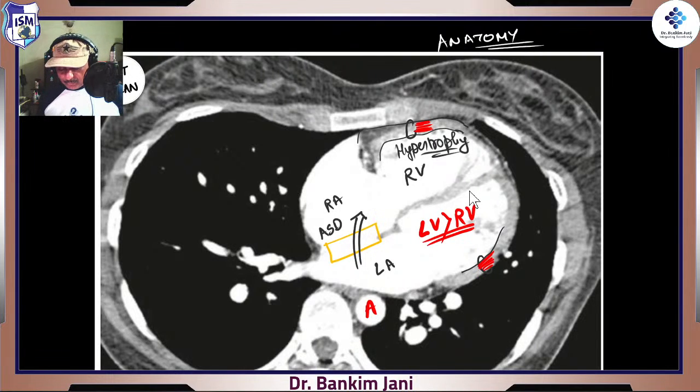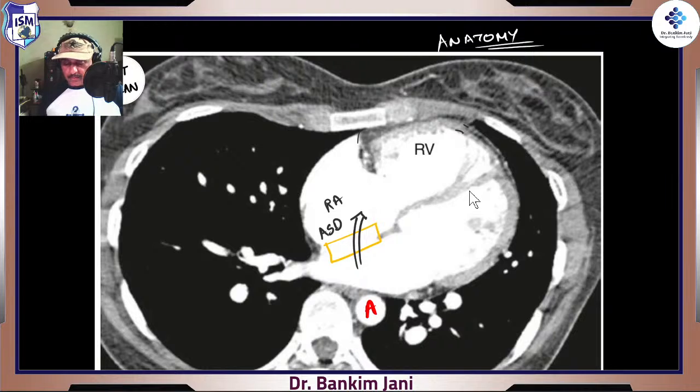So I'm just removing this. Now see. Think of this and this part: this is the right ventricular and left ventricle musculature. That is the hypertrophy. It is enlarged.